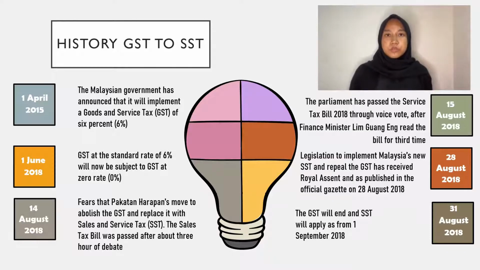Then on 1st June 2018, GST at the standard rate of 6% became subject to GST at 0 rate. Then on 14 August 2018, Pakatan Harapan replaced GST with SST. After a 3-hour debate, the Sales Tax Bill was passed.